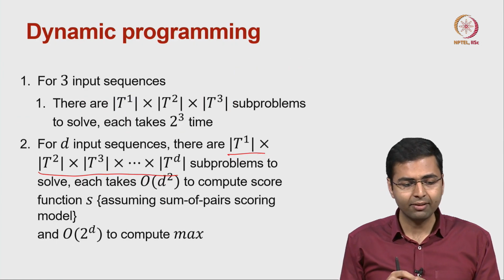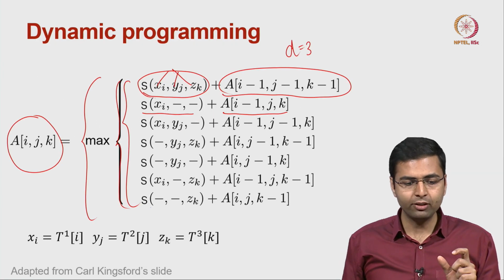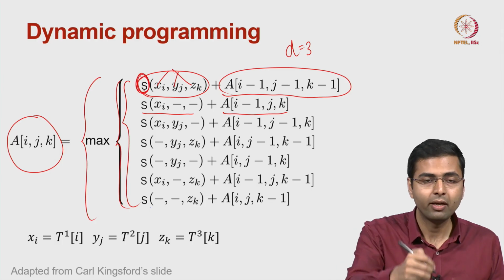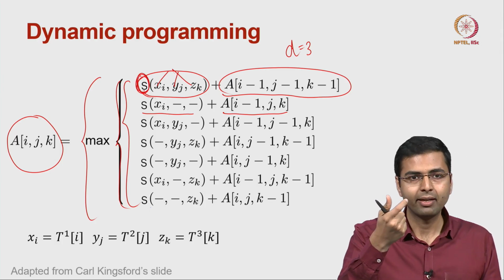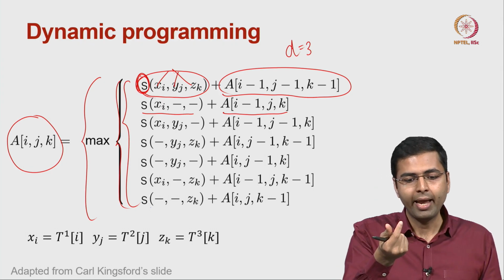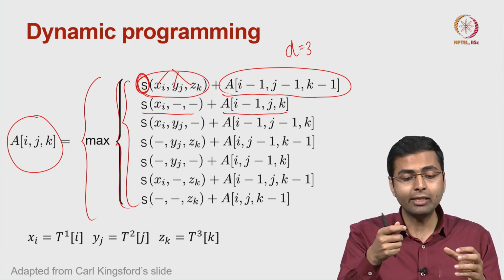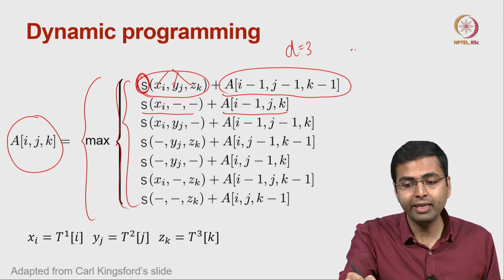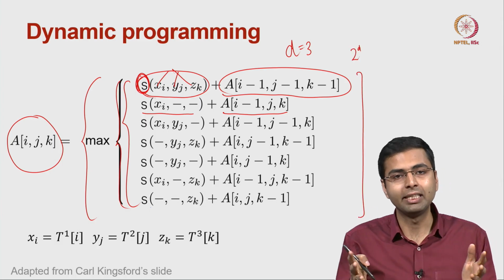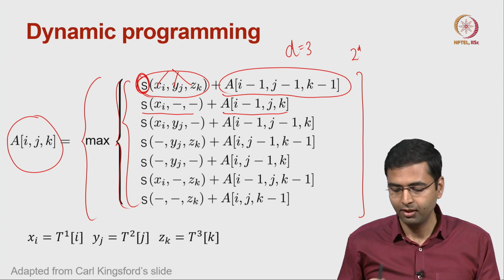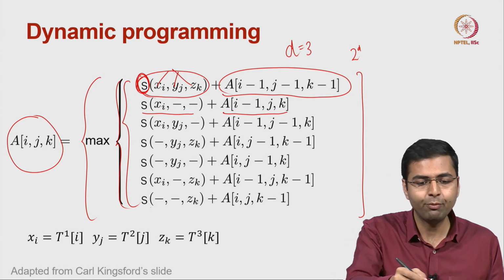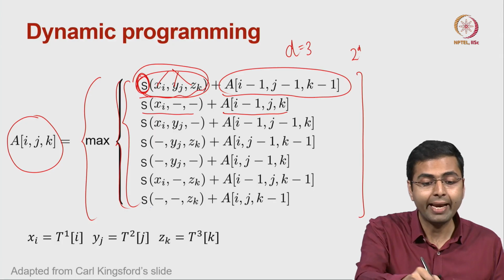Observe that first of all there are two components of the computation. We have to find out the score S of that column, and we have to calculate that score 2 raised to power D times, because we have to consider all 2 raised to power D possibilities. So how much time does calculation of score take? That is, how much time do we have to spend to compute this S function?